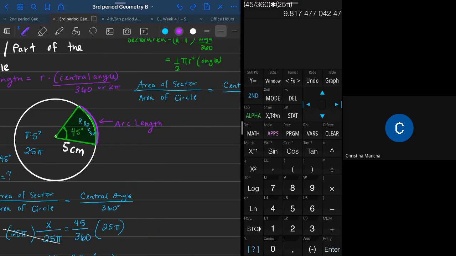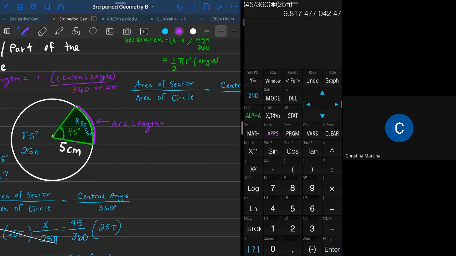So we'll have arc length equals the radius, which is 5 centimeters, times the central angle, which is 45 degrees, divided by 360.